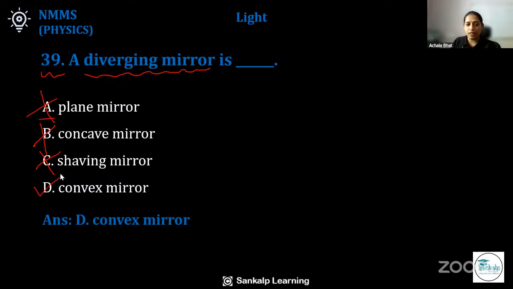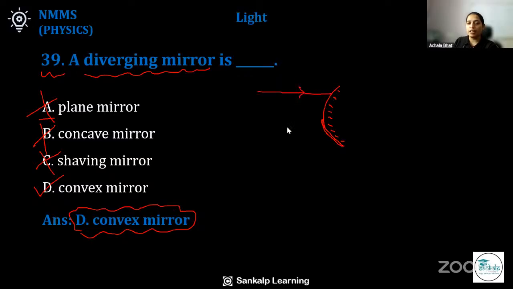Yes, D is correct. Convex mirror, like this. Here, this bulging surface is the reflecting surface in a convex mirror. They reflect light. When light rays are parallel to each other, when they are reflected by the convex mirror, they diverge like this.